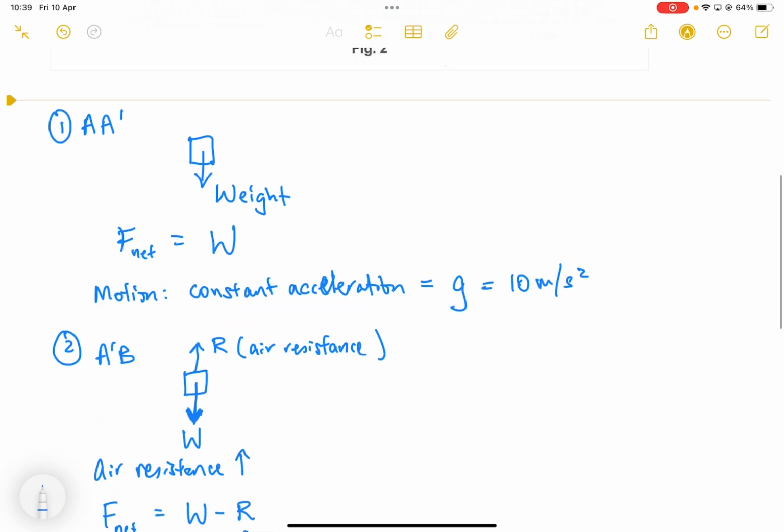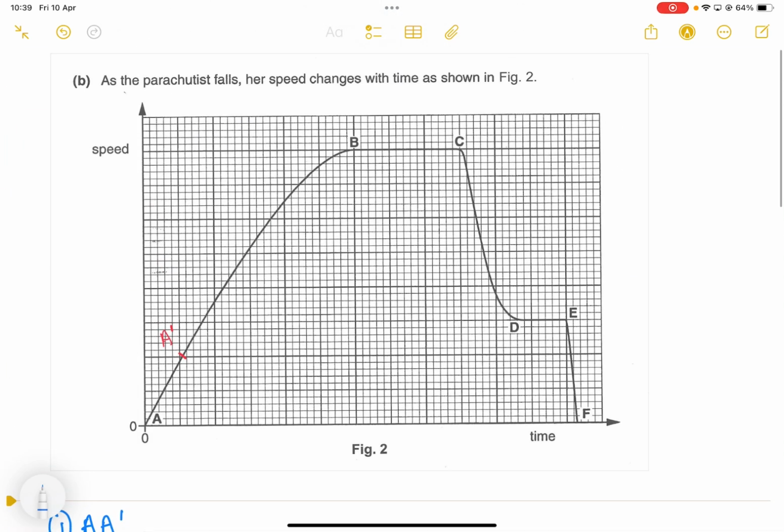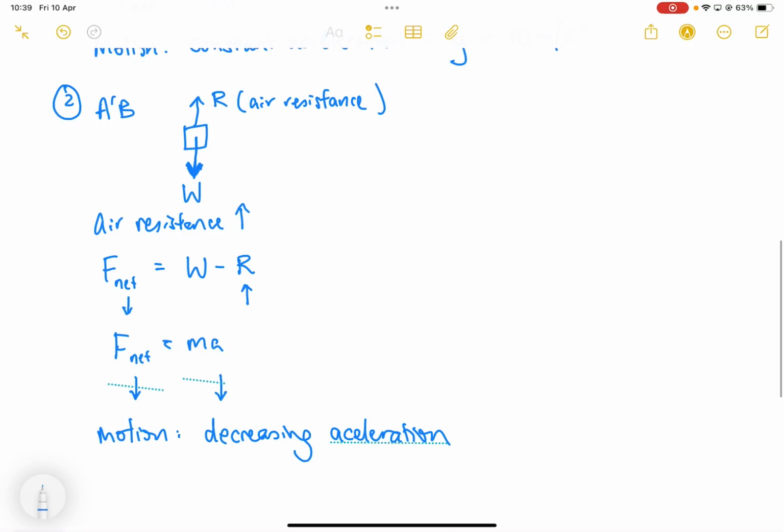You can see it from this graph here. The gradient of a speed-time graph is acceleration. So when acceleration decreases, the gradient is decreasing, and the speed-time graph will show a curve like this. Any questions so far? Okay, next.